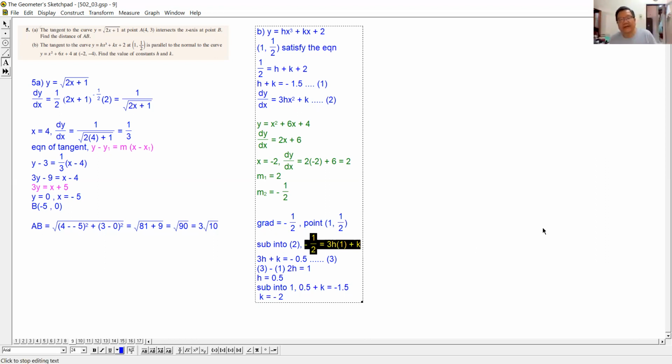So I form another equation, a third equation. By matching the normal with the tangent, I arrive at another equation. Now I can solve this equation together with the first equation. Solving these two equations simultaneously, I can find the values of h and k.